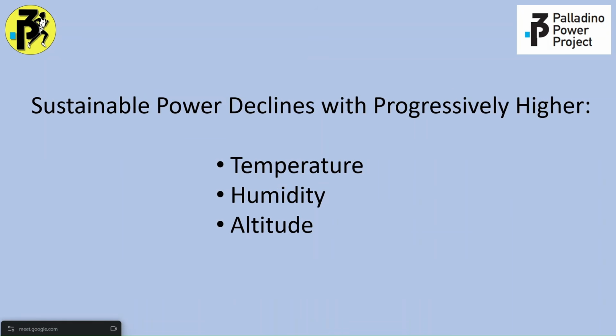First being, this is pretty common sense. Sustainable power declines with progressively higher temperature, humidity, or altitude.